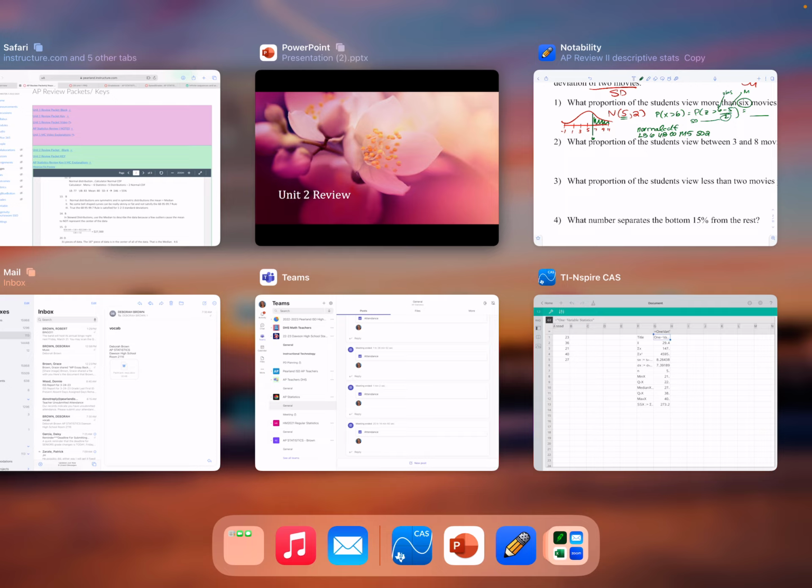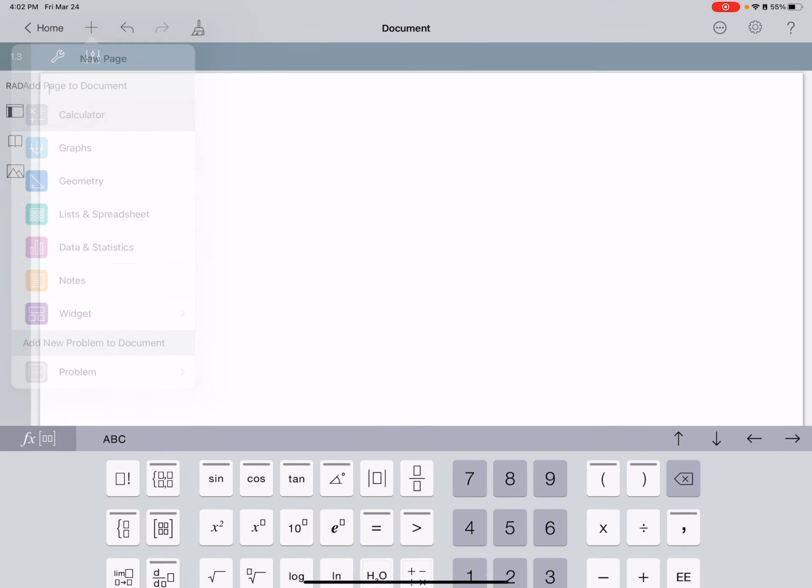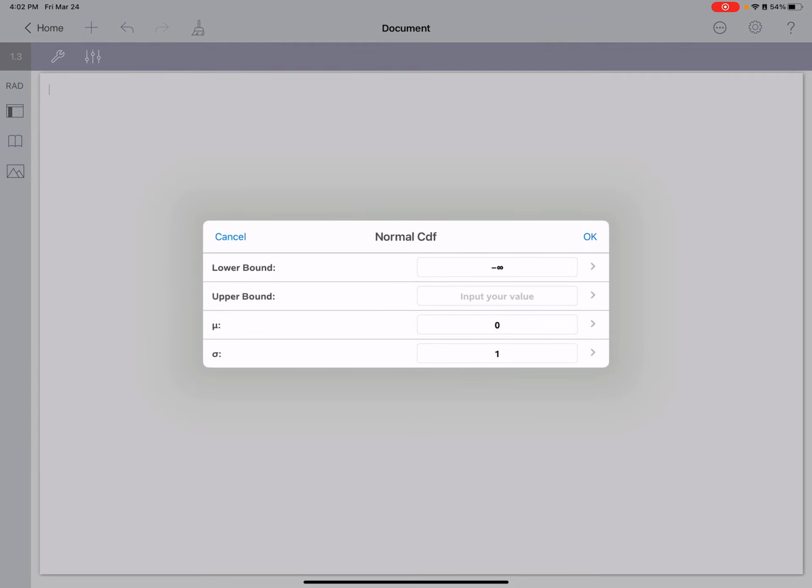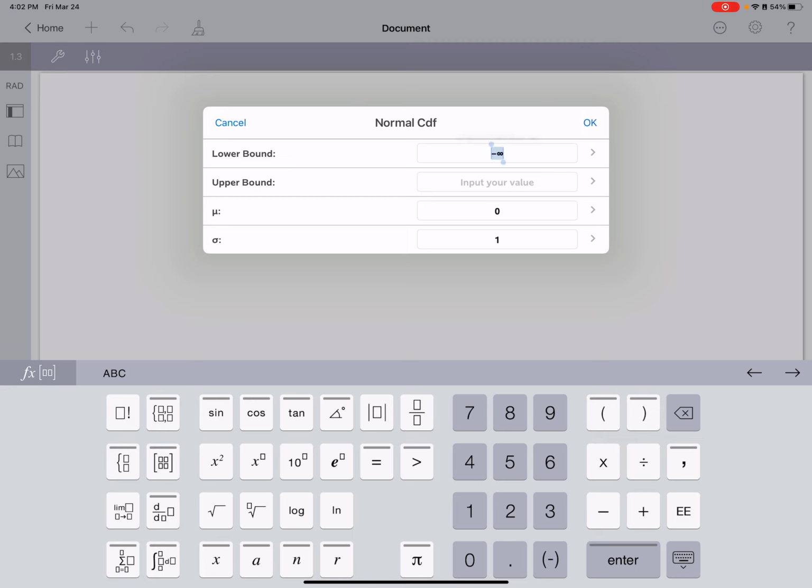Okay, here I need to add a calculator page. You're going to go menu, stats, distributions, normal CDF, and the lower bound is going to be 6. The upper bound is infinity; you can just put anything way off the chart. The mean is 5 and the standard deviation is 2.